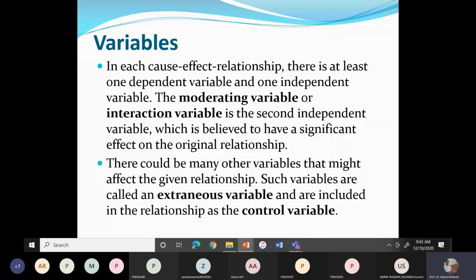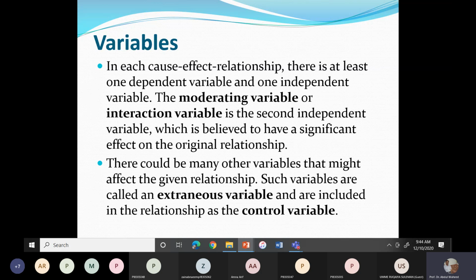And so if there is a cause and effect relationship, there is one dependent variable and at least one independent variable. But in some cases we have some other independent variable.